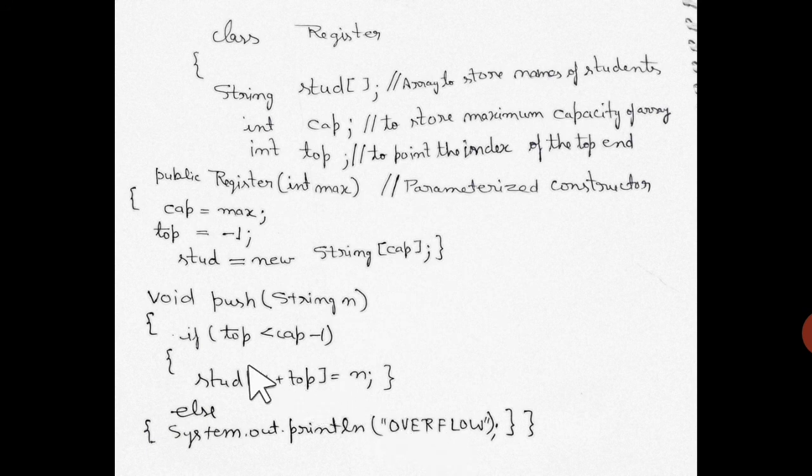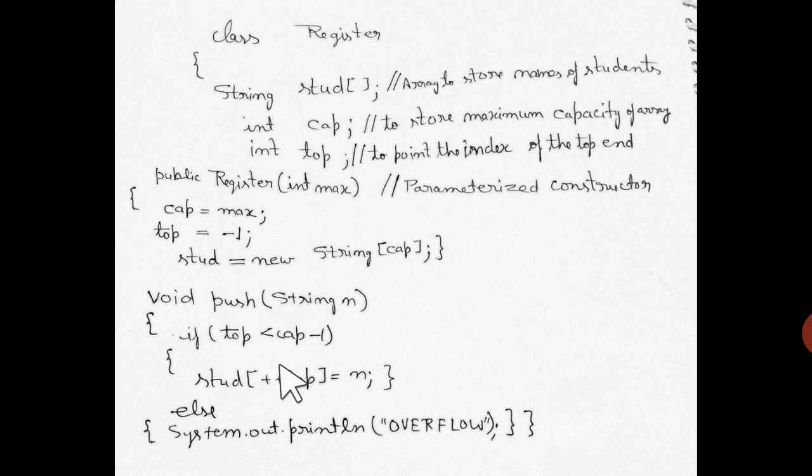Again I am telling you, we have to check top less than cap -1. So suppose the array size or the capacity is 5, so cap -1 is 4. So less than 4, that means further a data element can be entered, but if top is already equal to 4, no new data element can be added. Is that clear? So for the first element, when we are going to push, top is -1, as we have already seen here.